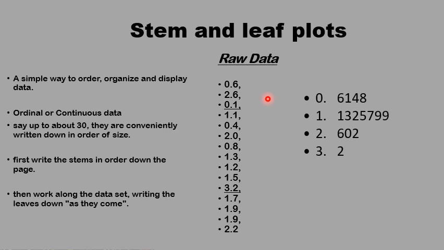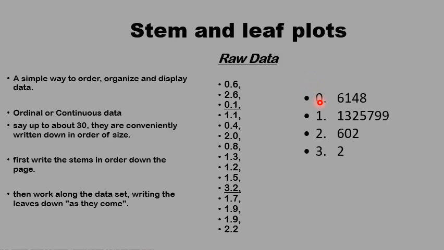The first step is to go through the set of raw data and count them. This is a set of 15 different data. The minimum is 0.1, and the highest score is 3.2. So you form a stem. This is the stem part of the plot.